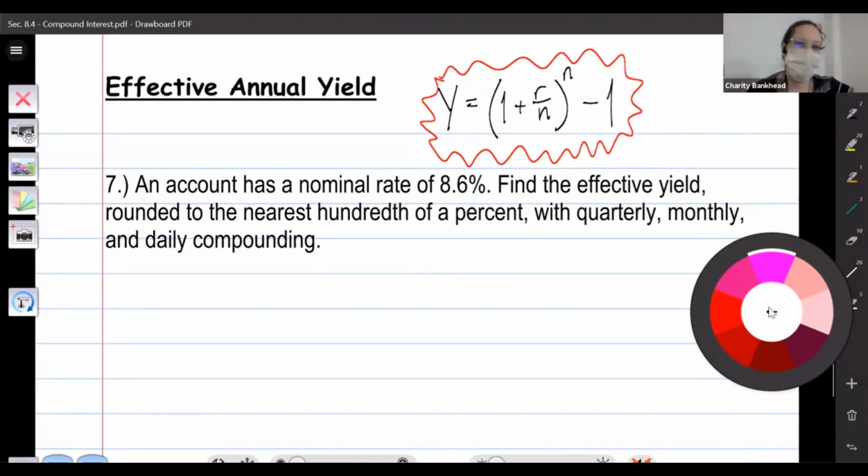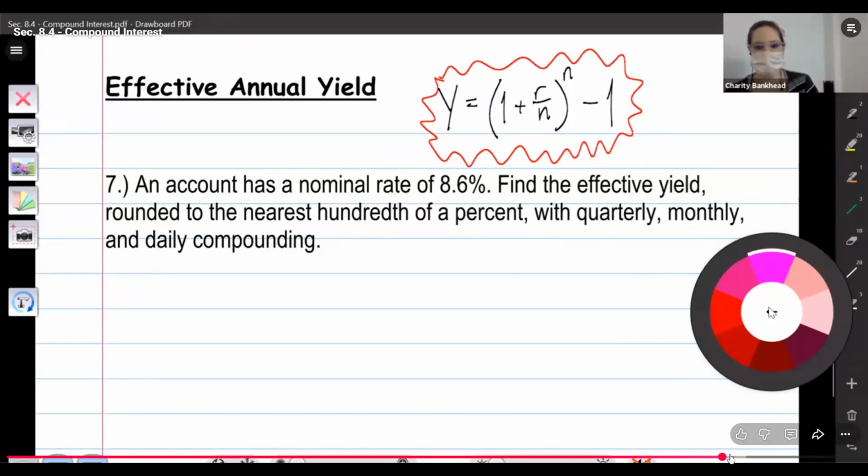However, with the rounding and the compounding and such, if you look back at your balance at the end of the year versus the beginning of the year, it's actually going to be a little bit higher percentage than 8.6. So the percent that you earn is actually a little bit higher, and the more often it's compounded, the higher that is going to be.